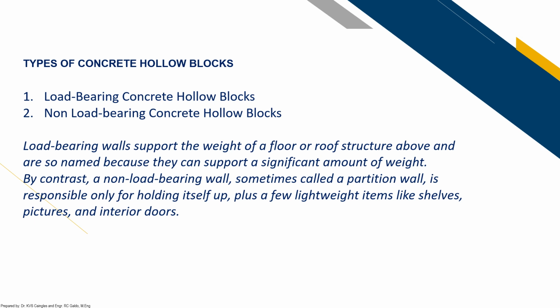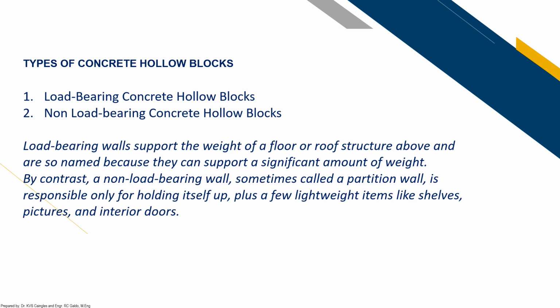So there are two types of concrete hollow blocks that we usually use. First, the load bearing concrete hollow blocks, and second, the non-load bearing concrete hollow blocks. So when do we use which? As mentioned earlier, we use concrete hollow blocks in the construction of our walls.